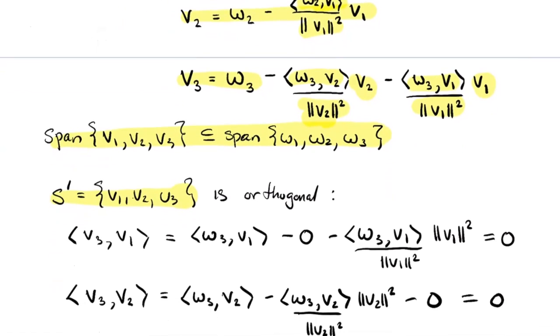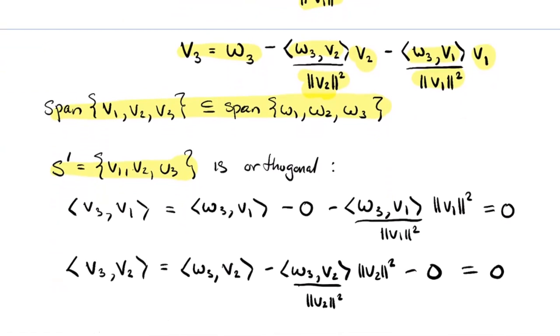So I've just got the computation written out down here. If you take the inner product of V3 and V1, you look at the definition of V3 up here, and I'm just pushing the inner product through linearly. So when I take the inner product of V3 with V1, I get the inner product of W3 with V1, that's the first term, minus the inner product of the second term with V1, but V2 and V1 are orthogonal, so that inner product is going to be 0.